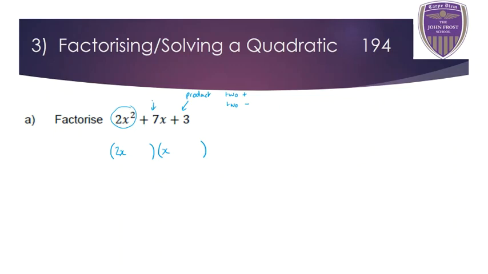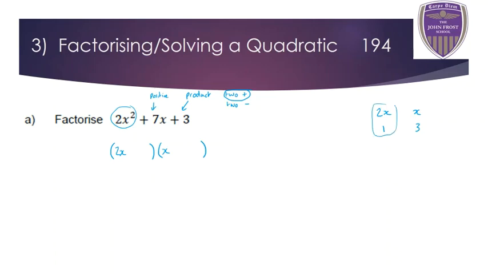It's plus 7x. So that's positive. So it means I'm going to be needing 2 positive numbers here. Now, 2 numbers that multiply together to make 3 are 1 and 3. So I've got 2x and x in my brackets. I can use 1 and 3.